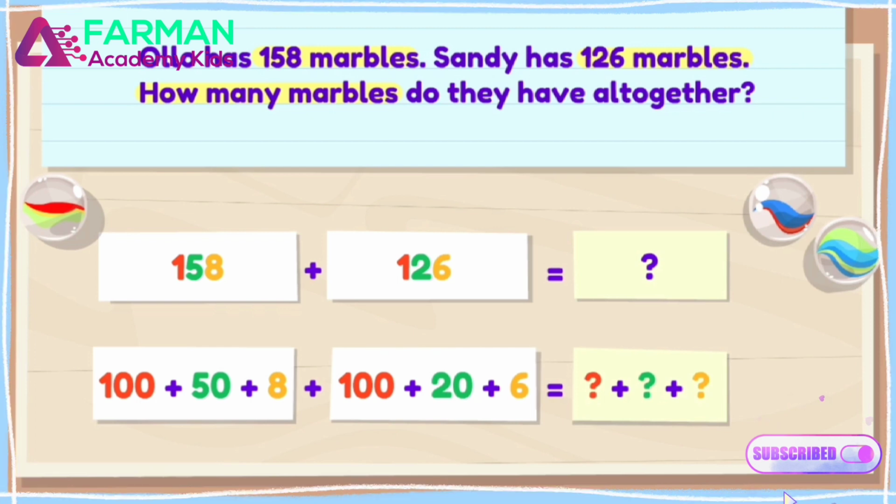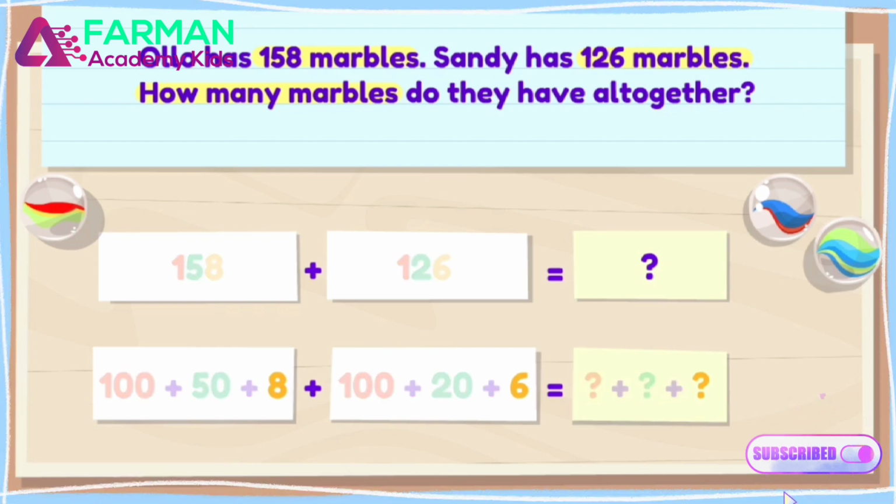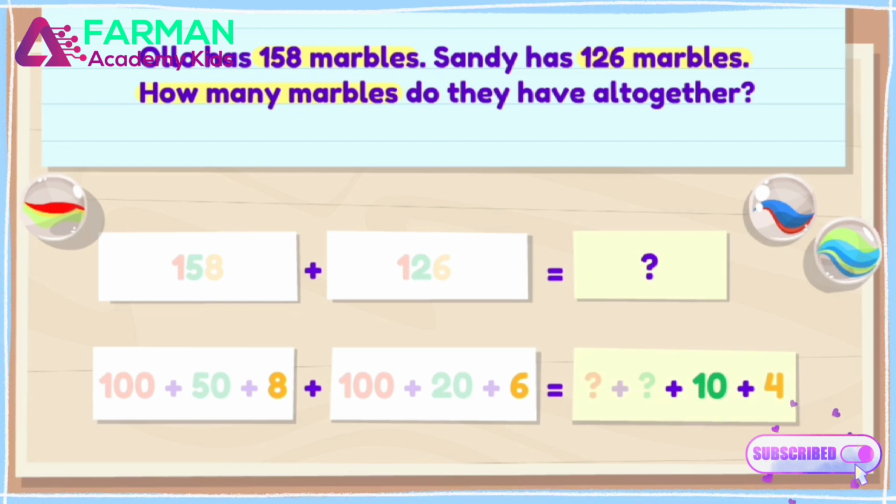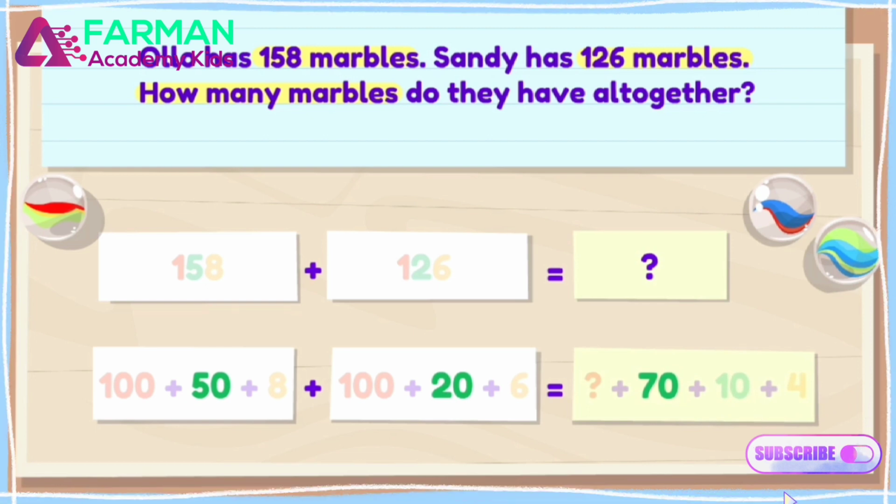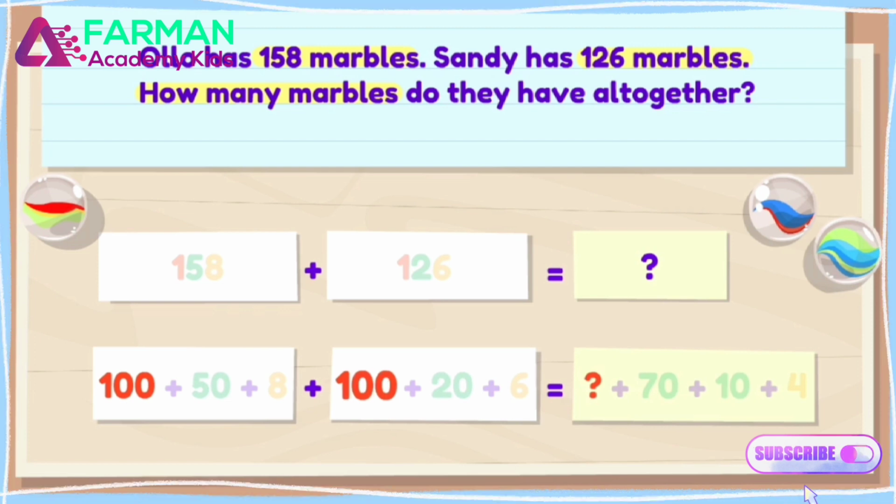First, let's add the ones. 8 plus 6 equals 14. That is 1 ten and 4 ones. Now let's add the tens. 50 plus 20 is 70. Then let's add the hundreds. 100 plus 100 equals 200.